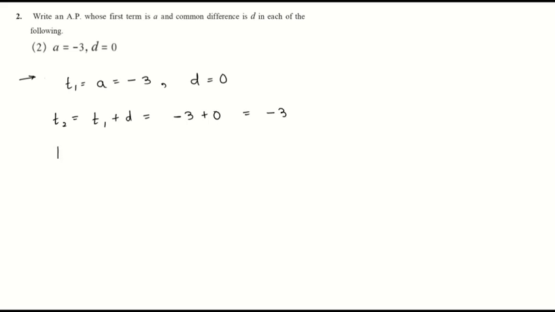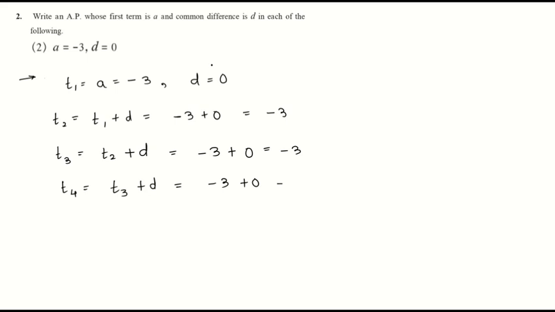In the same way, T3 is equal to the previous term, that is T2 plus the difference, is equal to, what is T3? T2 we got as minus 3, plus the difference is equal to minus 3. And T4 is equal to the previous term plus the given difference. What is the previous term?